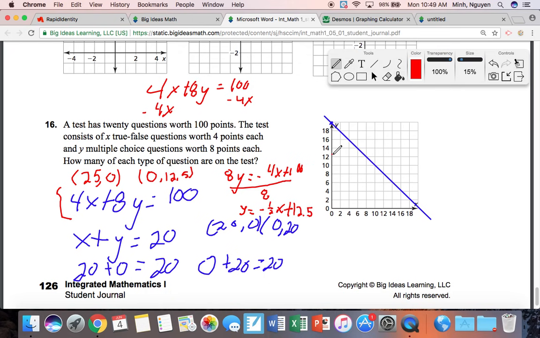So I start off at 12.5. I will move down 1, which is 11.5, and over 2. So down 1, over 2, down 1, over 2, down 1, over 2.